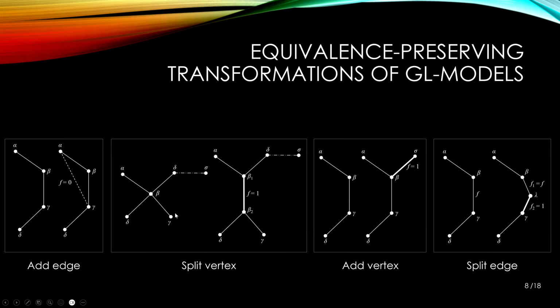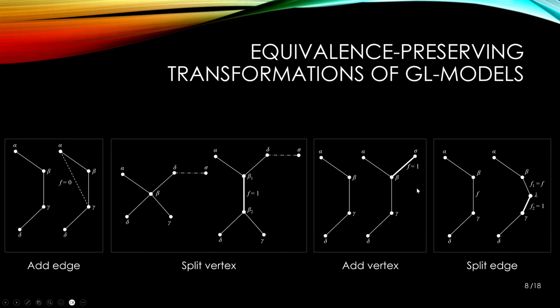There is also another transformation. There we can split an arbitrary vertex. It can be split into a pair of vertices that are connected with an edge with a trivial edge function f equal to 1. We can see here the vertex that was split into a pair of vertices connected with a new edge.